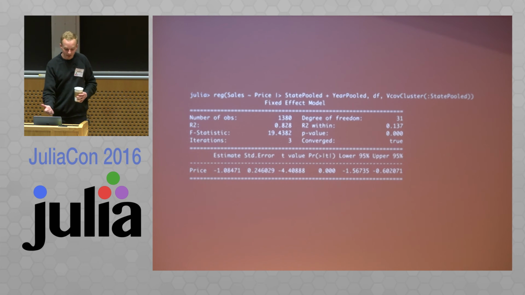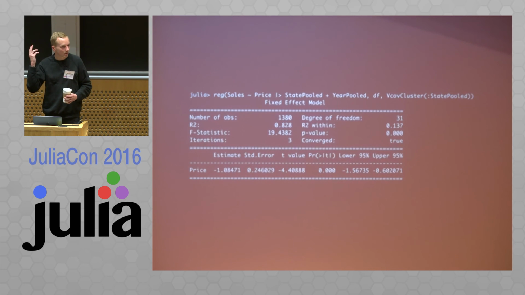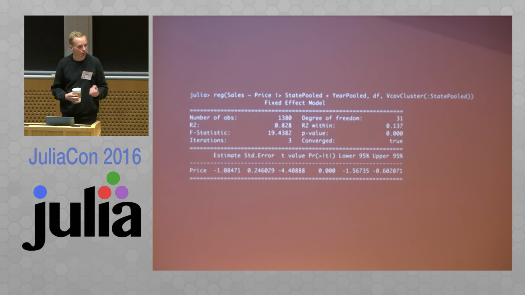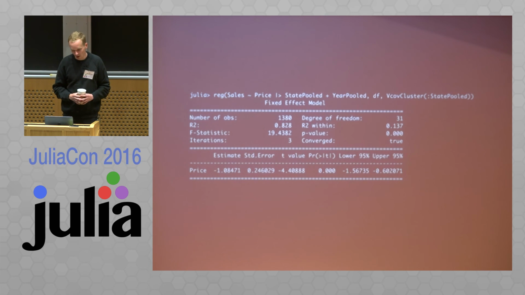And so basically, you see that I don't print the estimates for state pool and year pool, which is generally what you're not interested in. You just put them in the regression to control for these omitted variables. And so you see the estimate, you see the correct standard errors, here they are clustered by state. And you actually directly see the result there, a pretty printing with every piece of information that you want.